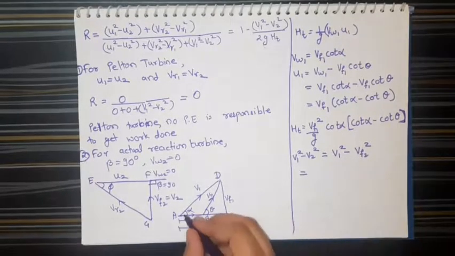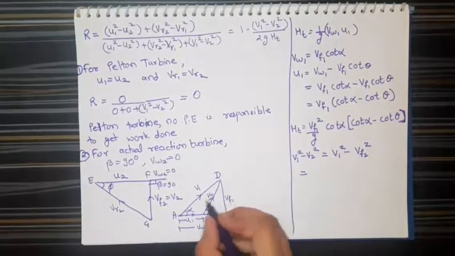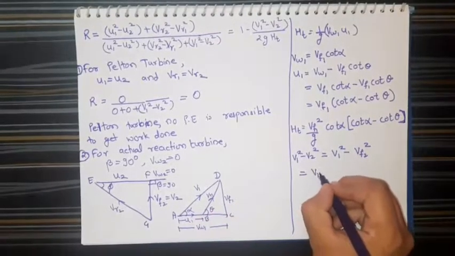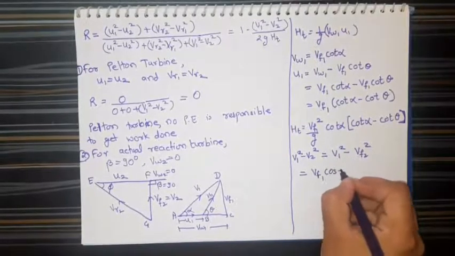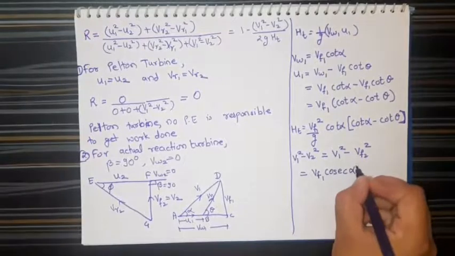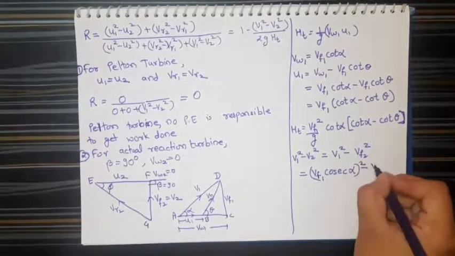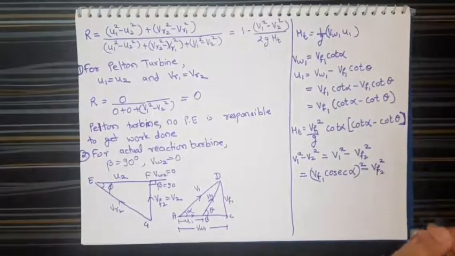V1 we can write in terms of VF1 cosec alpha, so (VF1 cosec alpha) square minus VF2 square.